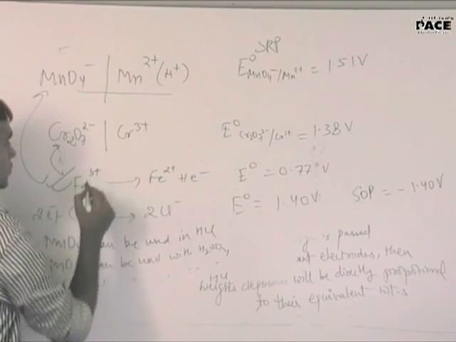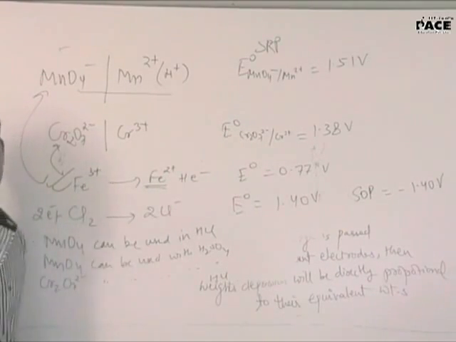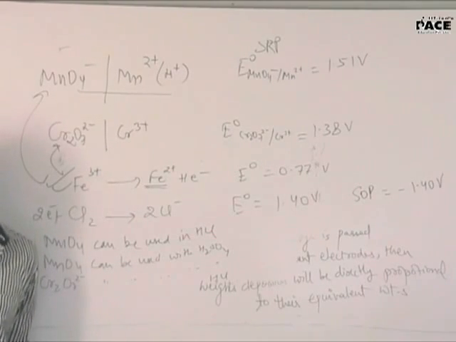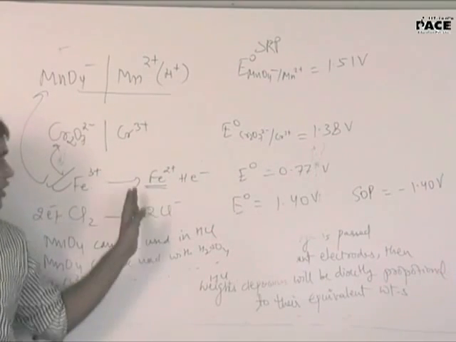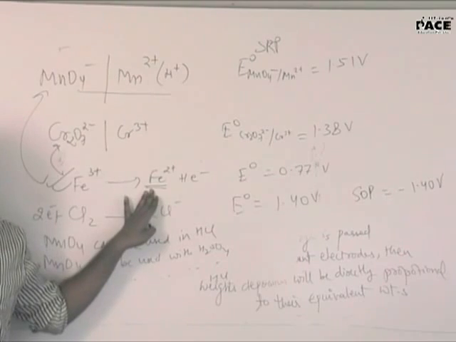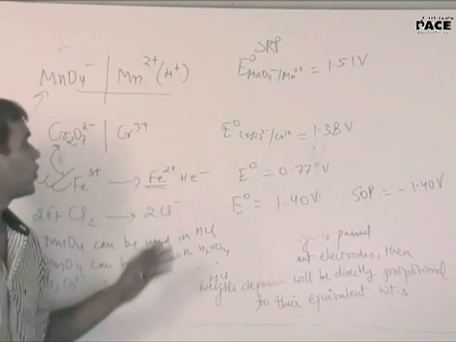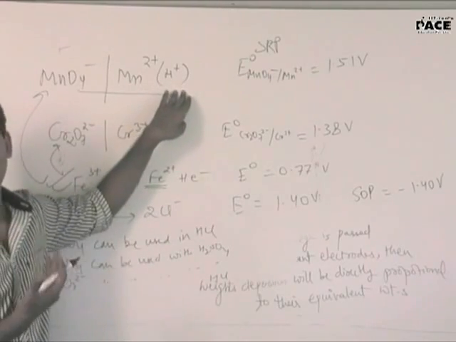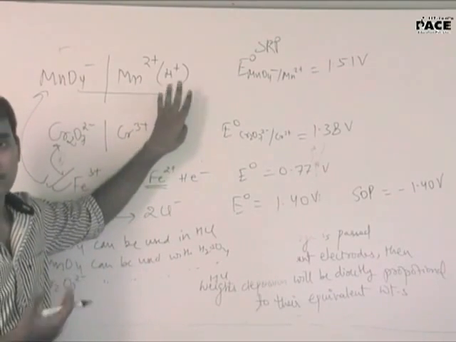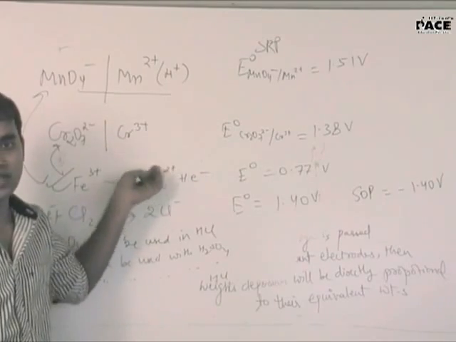But in the question it is given, we have to do the quantitative estimation of ferrous nitrate. So in this case, I want Fe3 plus to be formed because Fe2 plus is already there. So basically, I am using this as cathode, right? I am using this as cathode, because it is oxidation.